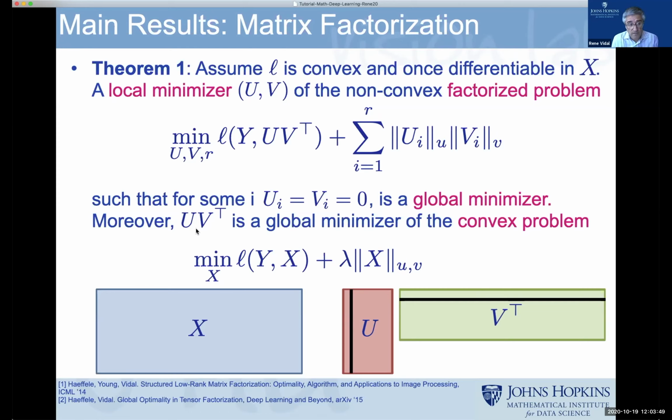And in addition, the product of U and V is a global minimum of the following convex problem, where again, UV transpose is substituted by X, and the regularizer is substituted by that fancy norm, sort of the generalized nuclear norm that I was talking about before. So I hope this provides now a very precise statement.